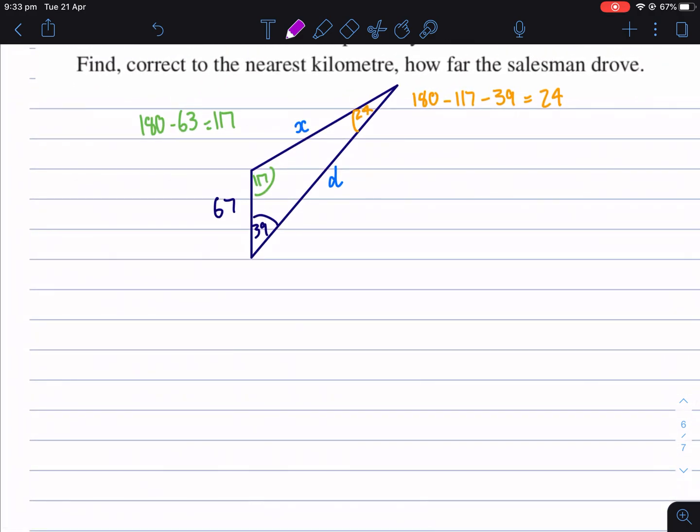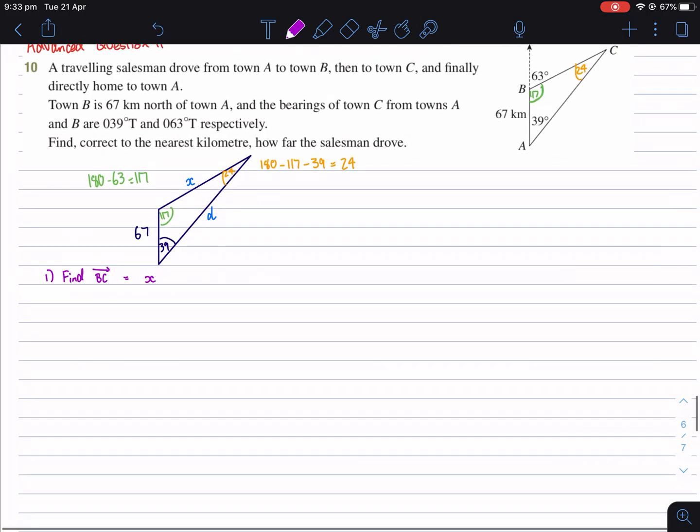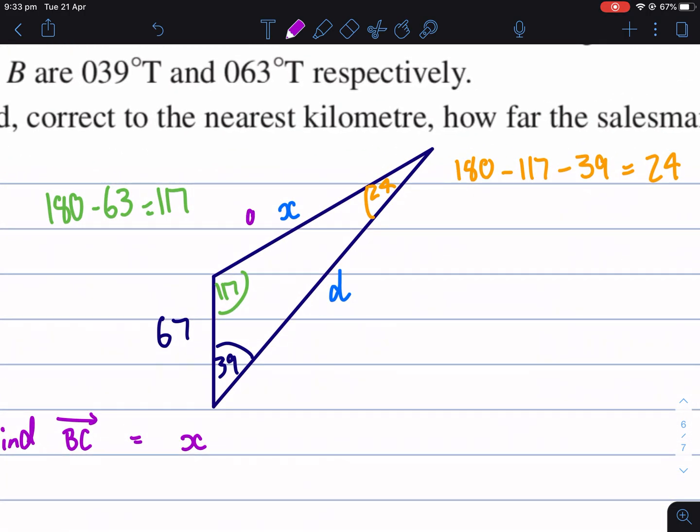So step one, find, well, it's actually the length BC, which I've labelled X. Okay, so here I'm going to call little a X. Now, the angle opposite that is the angle not touching it, which means that's big A here.